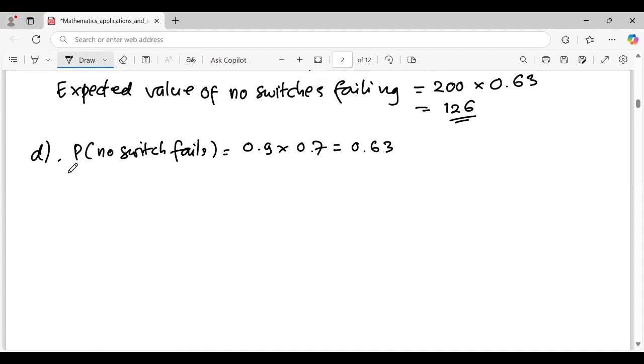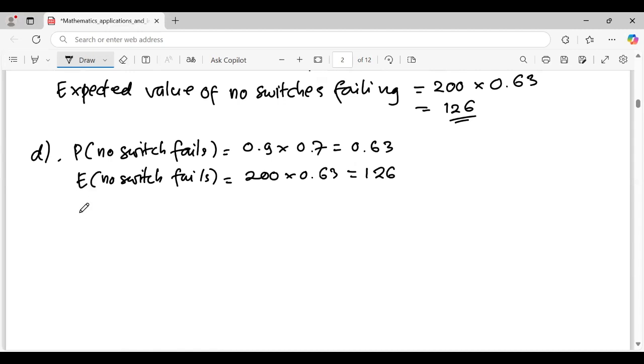So the expected frequency of no switch failing equals 200 times 0.63. 200 times 0.63 is 126.